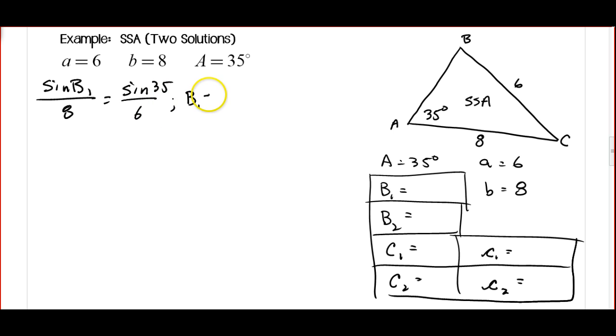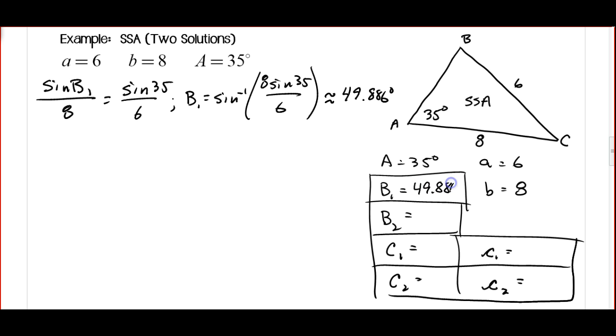So I get B1 is the sine inverse of 8 sine 35 divided by 6, which is about 49.886 degrees. Make sure you put your units.